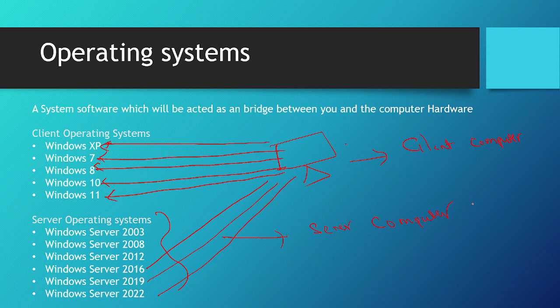So the server operating systems are there. Before 2003 we also had many other server operating systems, but the well-known ones are from 2003, 2008, 2012, 2016, 2019, 2022, and the latest is 2022 only. Only three server operating systems are in support now. Microsoft is giving support only for 2016, 2019 and 2022.